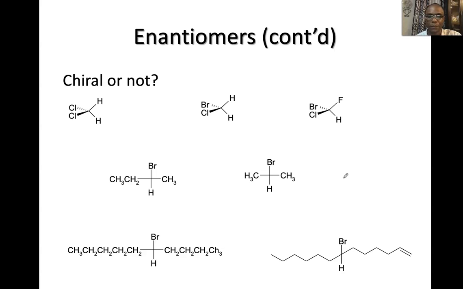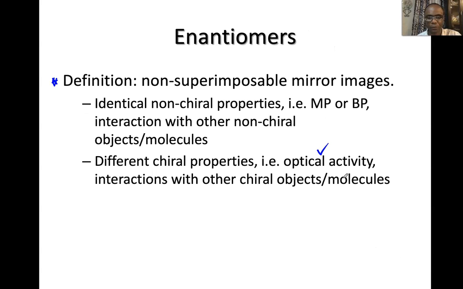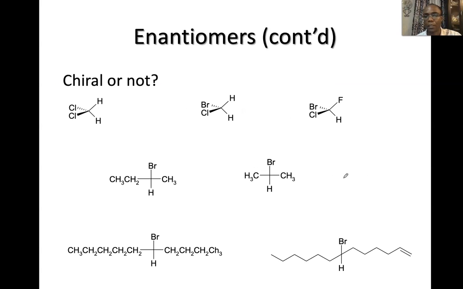So now, before we define R and S and go to complexities that I was trying to imply here, we want to make sure that you understand chirality. So is this molecule chiral or not? Remember, for chiral, you are looking for 4 different groups around the central carbon. So does the carbon here have 4 different groups?